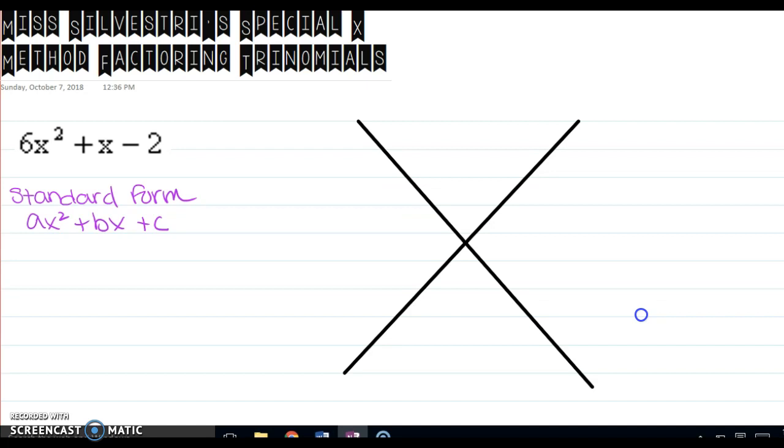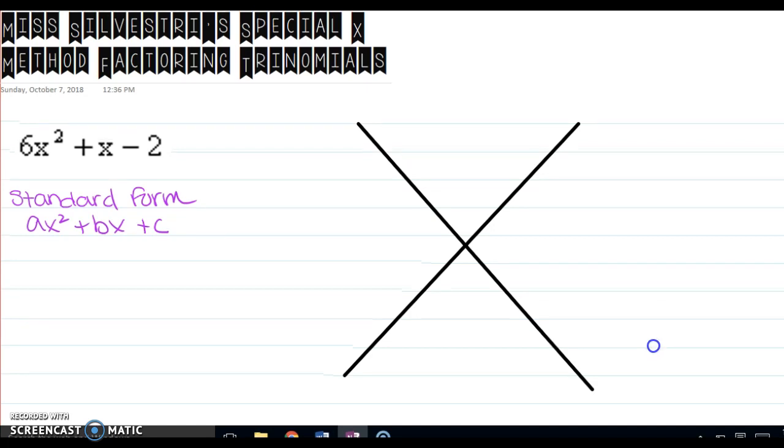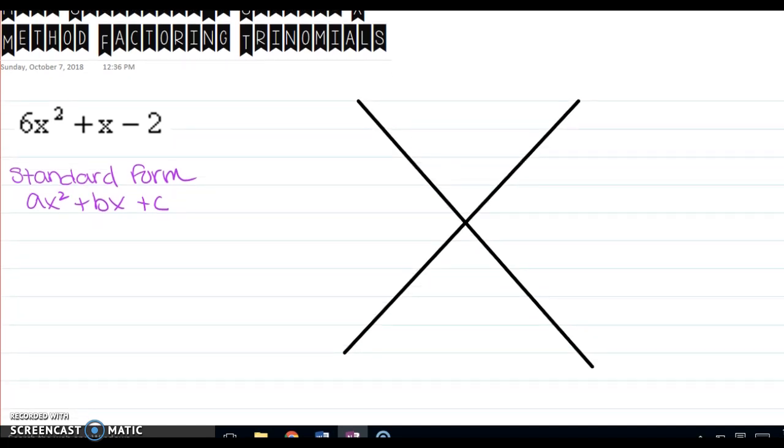So for this one, we use the special x method. And what goes on the top is AC, which is the a value, times the c value, which is -12. And on the bottom is the b, which in this case is just 1. The coefficient of x is just 1.